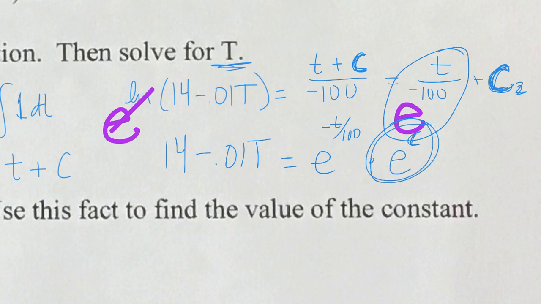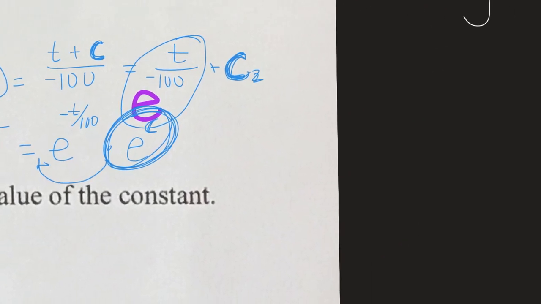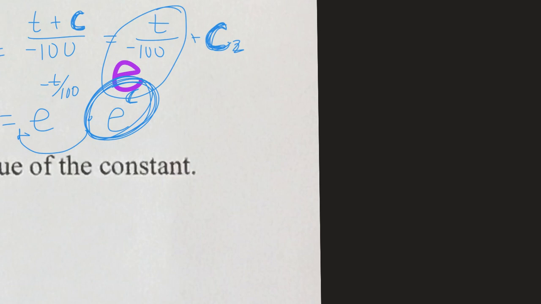Once again, this is what we're going to call some random other c, some 14th different c value, just so that we can keep our story straight. Okay, so we have c times e to the negative t over 100. Something like that. Now we're going to subtract 14 from both sides.